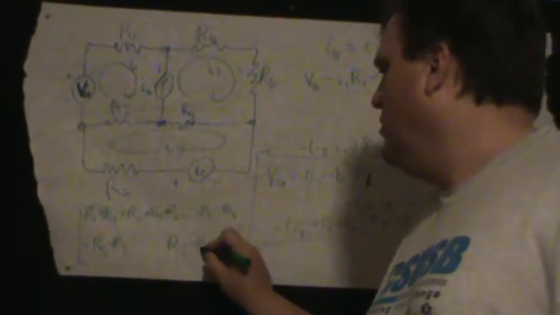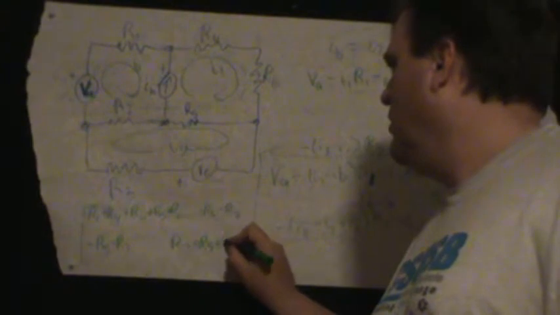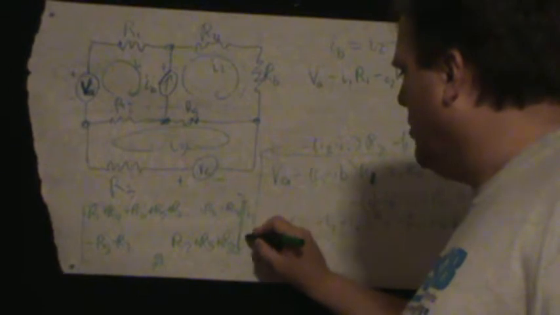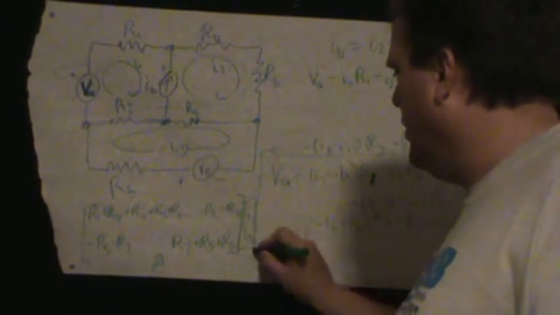So it's exactly that, R2, R5, R3. That's what we call our A matrix, our resistivity matrix. And of course this is multiplying our currents, which are I2 and I3.